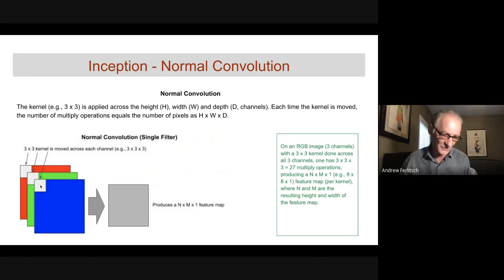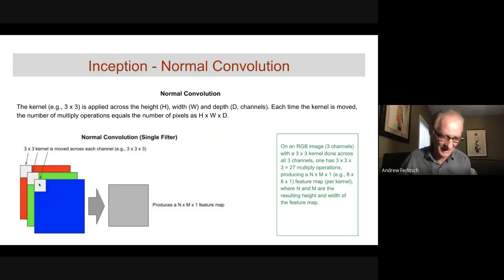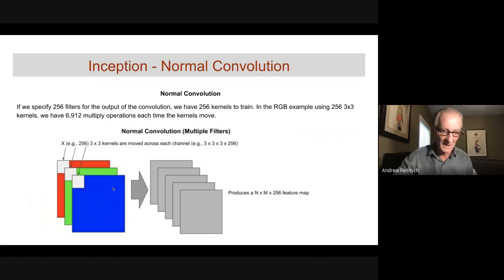So when I'm doing my matmul operation, I do it across all 3 channels at the same time, producing a single feature map. Whatever value I get across the depth-wise matmul is what I put here. So this is when I have a single filter. Now, if I have a lot of filters, like 256, it's the same thing, but I'm going to come up with 256 of these feature maps, one for each filter.